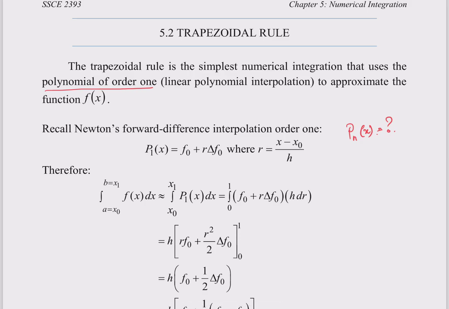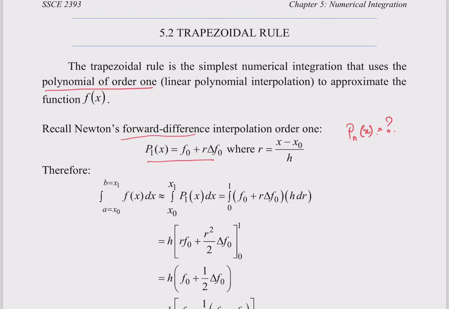Since the trapezoidal rule is the simplest numerical integration that uses a polynomial of degree 1, by using Newton forward difference, this is the formula of order 1, a polynomial of order 1.